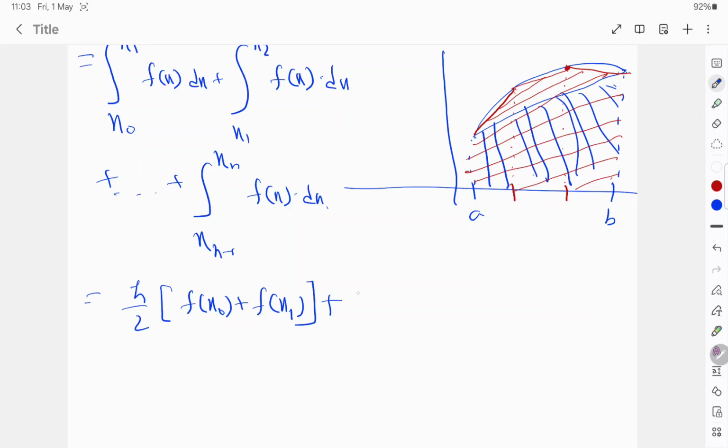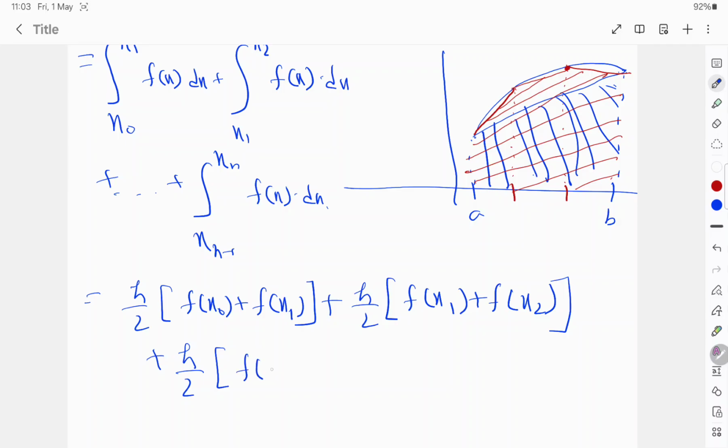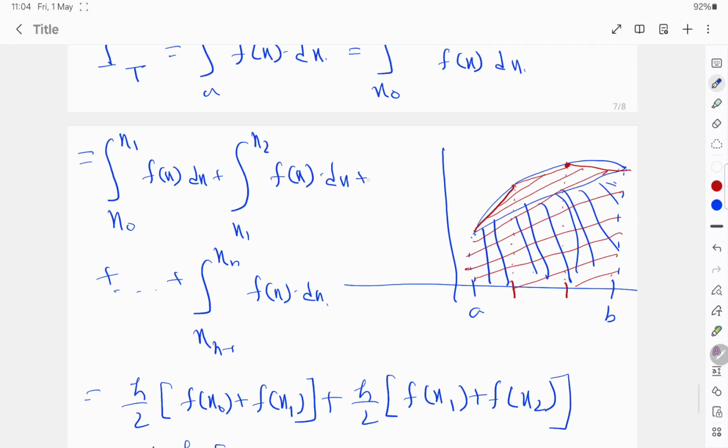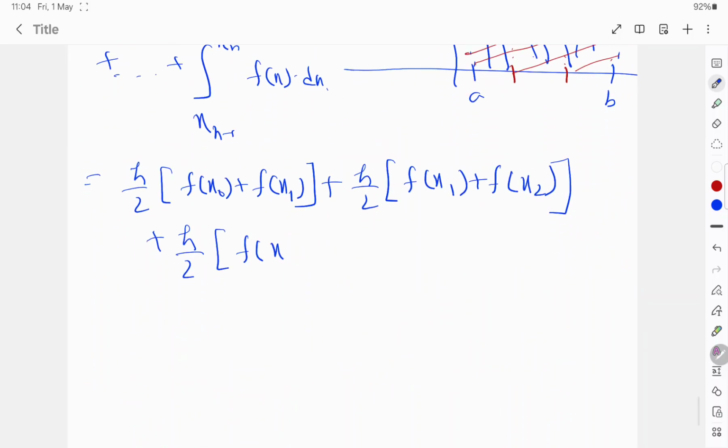For the second one, what you will get, right? I have not written it, but I think this is clear, right?